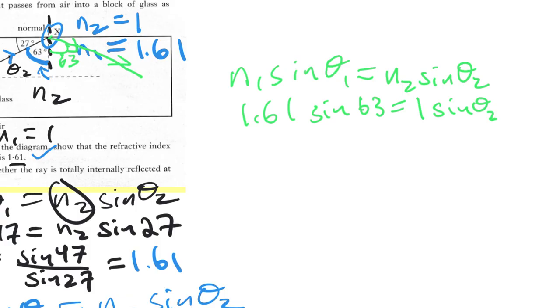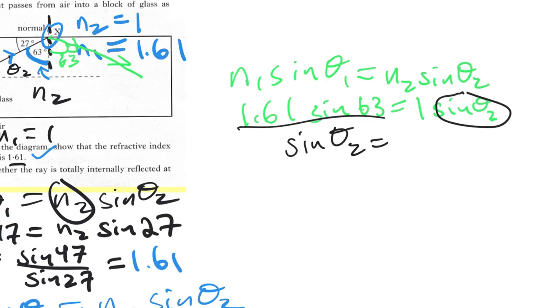Okay, I'm going to solve for theta 2. So we're solving for this. So sine of theta 2 equals 1.61 times sine of 63, which is 1.43.